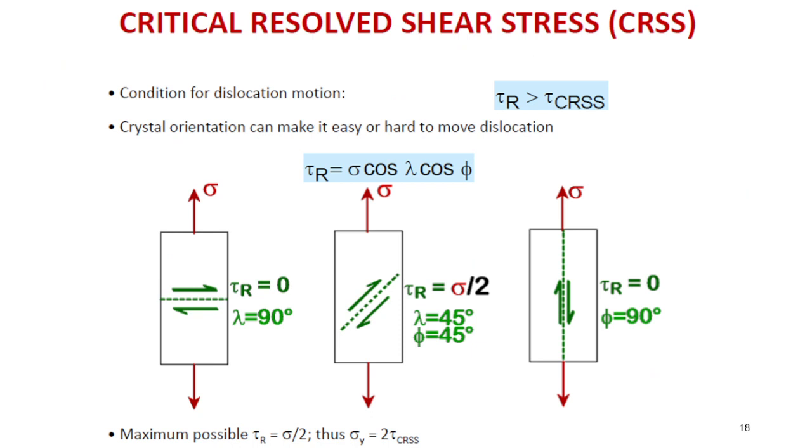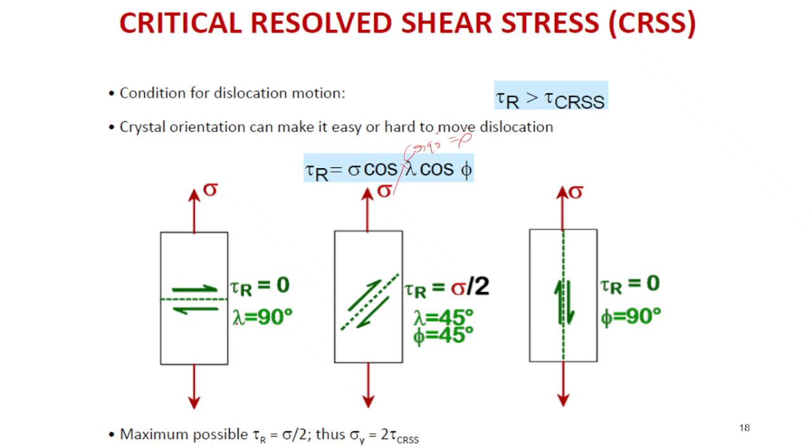Then the condition for dislocation motion to occur: we got the formula, sigma cos lambda cos phi. If lambda is 90 degrees, then we get cos 90, which is equal to 0.